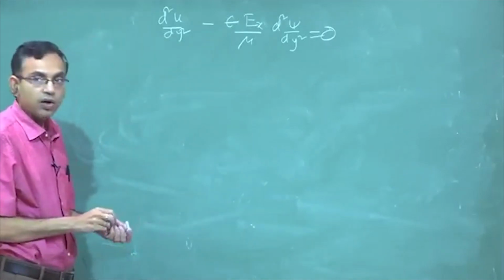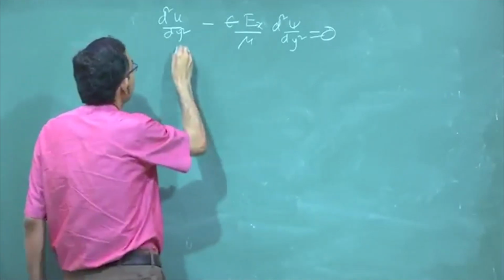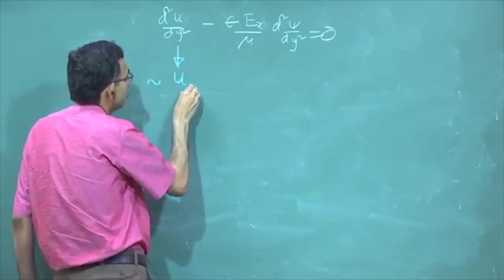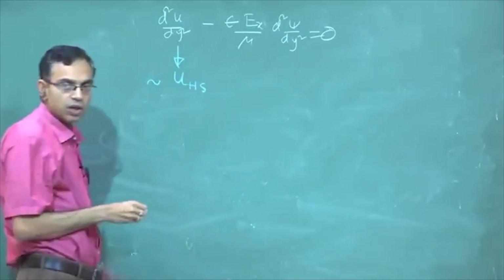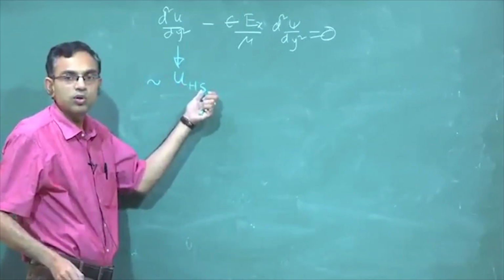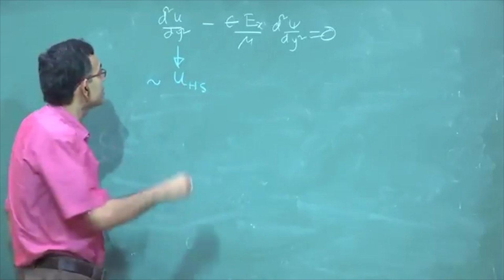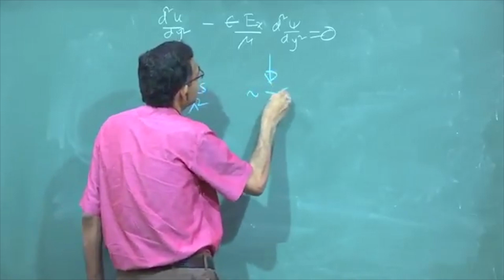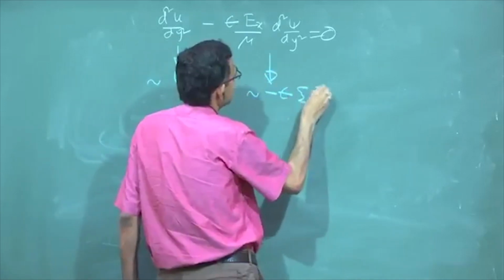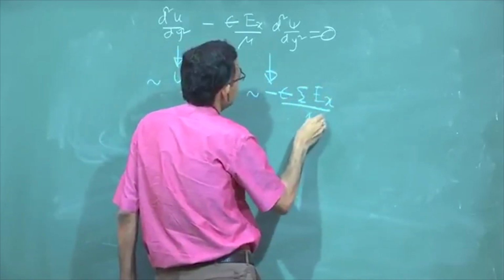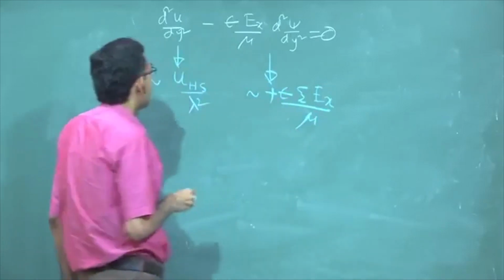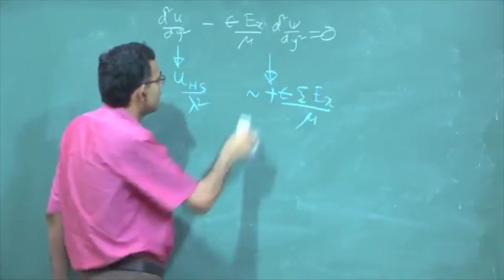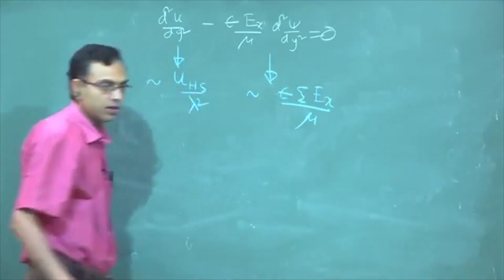So now let us make an order of magnitude analysis and see what is the velocity. So this is of the order of, let us call it a u characteristic velocity, which is also known as Helmholtz-Smoluchowski velocity. So UHS by lambda square is of the order of epsilon zeta Ex by mu, just order of magnitude wise, plus or minus we will see later on.